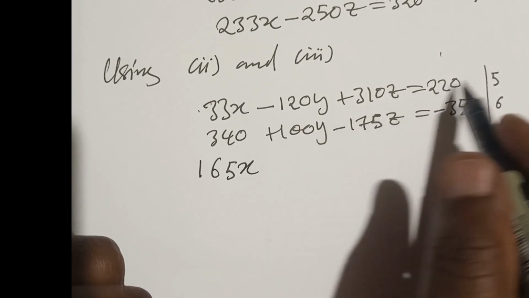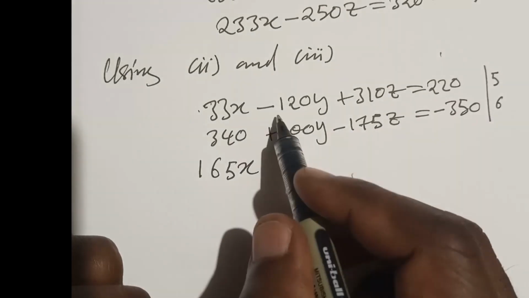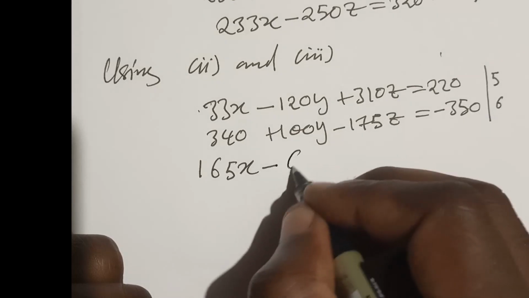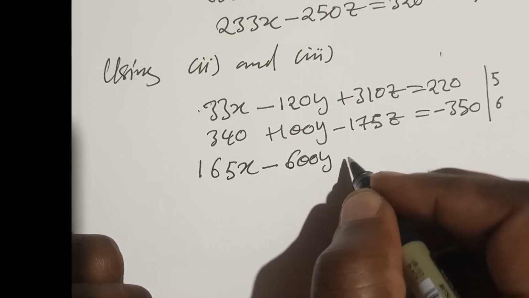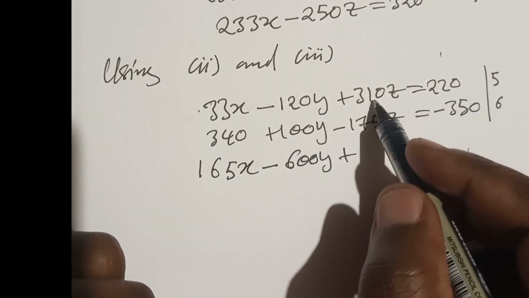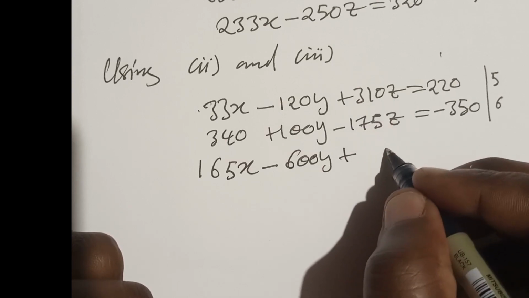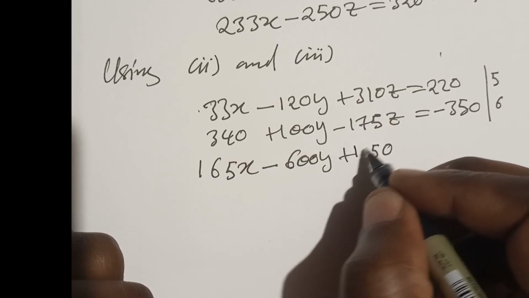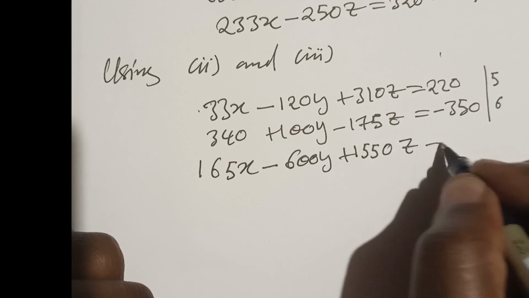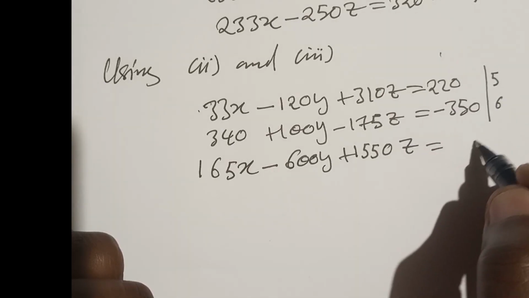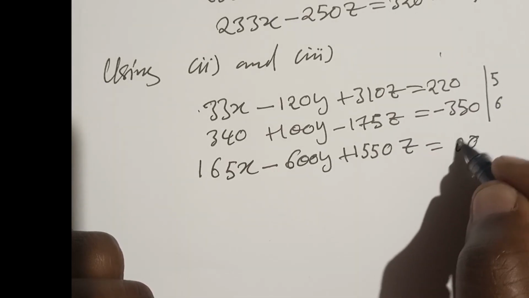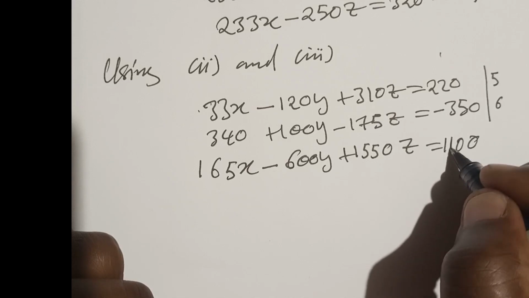plus 116x. Then 5 times 120 is going to give you 600y, plus 5 times 310 will be 0, 5, and another 5 z. 5 times 220 will be 0, 0, 10, 11.